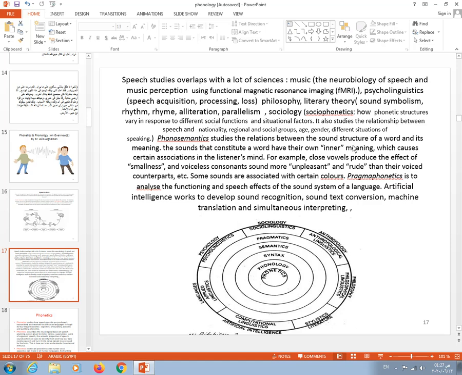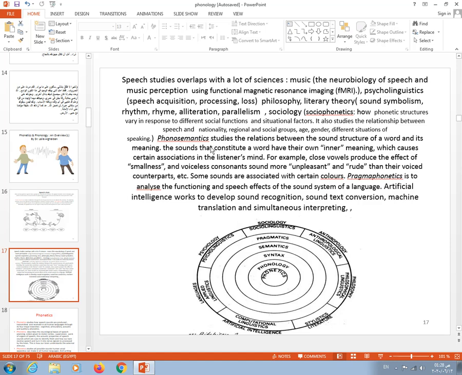Sociophonetics deals with the relationship between speech and nationality, how our speech reflects our nationality, our regional and social membership or affiliation, our age, our gender, and also the different situations of speaking, degree of formality, and the social distancing between speakers and so on.